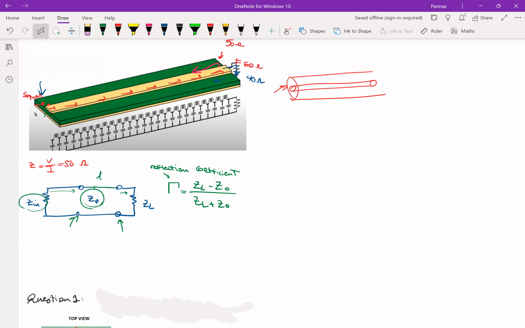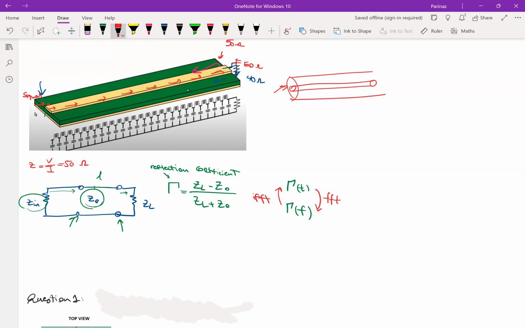Now, in frequency domain, it's a little bit different, but this gamma can be in time domain or it can be in frequency domain. And you might know from digital signal processing or any other course you have taken that this is basically an FFT. You can take fast Fourier transform or DFT or Fourier transform to go from one of them to the other one, right? One of them might be IFFT, inverse FFT, and the other one FFT.